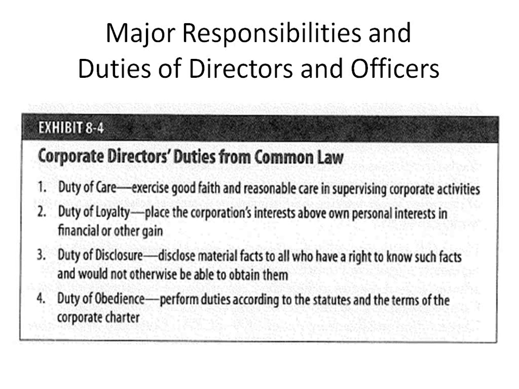The duty of disclosure is to disclose material facts to all who have a right to know such facts and would not otherwise be able to obtain them. And that kind of goes back to the AdComp example, that as a board, if they have a financial interest in something or a conflict of interest, they need to disclose that.